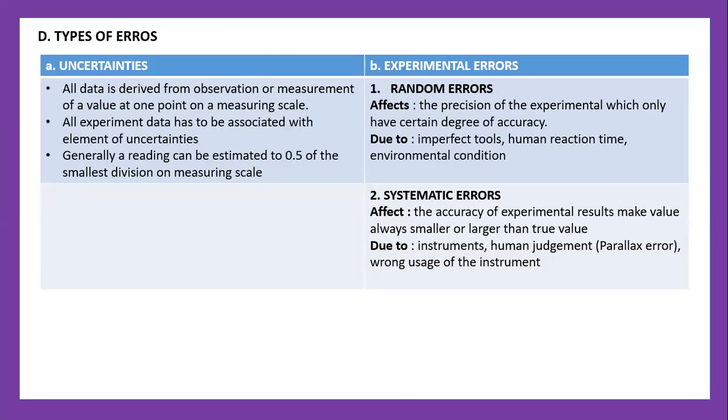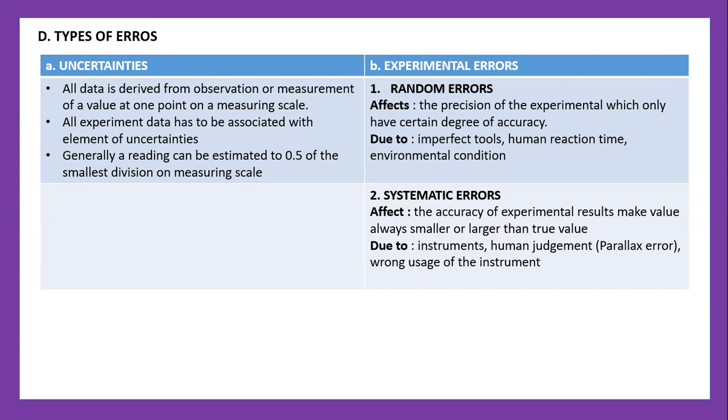Then let's look into the types of errors. Errors are divided into two types. One is uncertainty, and the other is experimental error. What do we mean by uncertainties? With regard to error, uncertainty means that all data is derived from observation or measurement of a value at one point on a measuring scale.